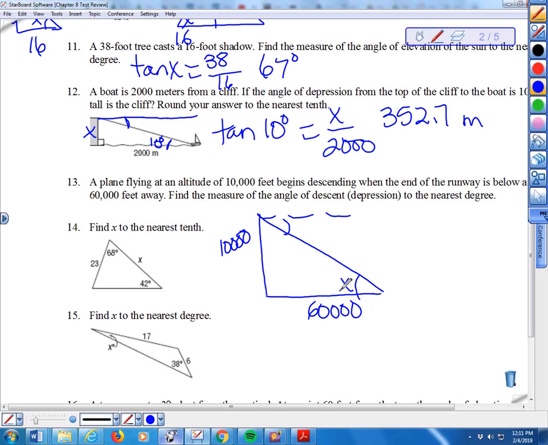Tangent again. Inverse tangent of 10,000 divided by 60,000. I could have just done 1/6. 9.46 degrees, so nearest degree is just 9 degrees.